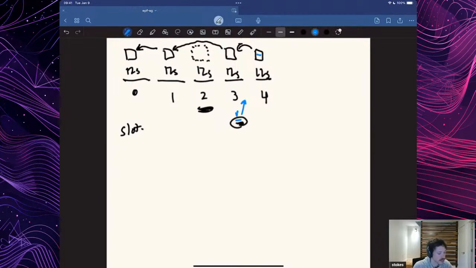The idea is that for every slot, let me go back to my other color, you're going to have some attestations, let's say from validators 1, 2, 3 going into this block, but also attestations from 4, 5, 6. In general, you're going to have many attestations per block. And then separately, you're going to have more for the next block. Pick your favorite validator indices, but ultimately, validators make attestations. The idea is that they should go to the next block.